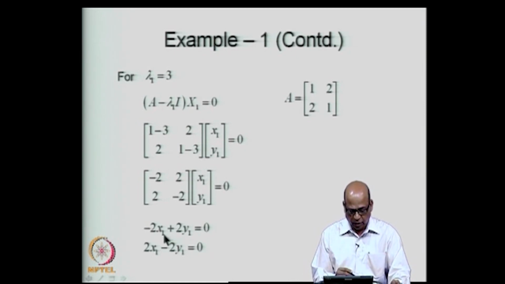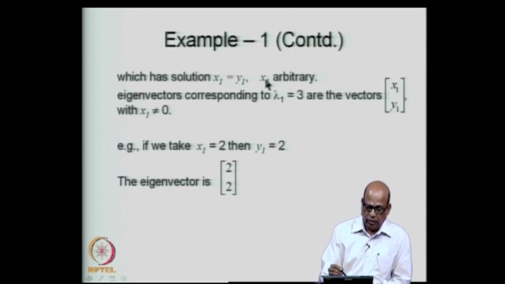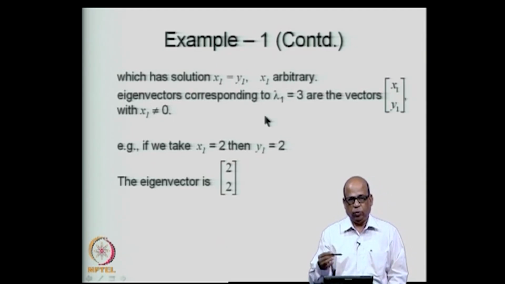So, from this I can write x1 is equal to minus y1. I am sorry, you can write x1 is equal to y1 here, and for any arbitrarily chosen x1, you can get the eigenvector (x1, y1).